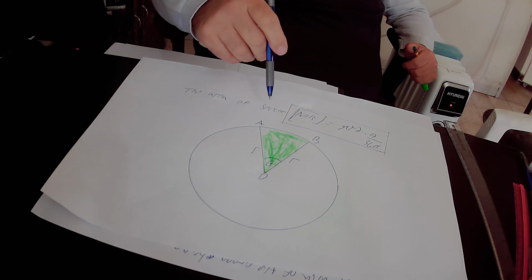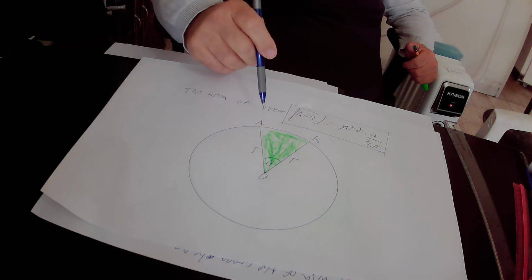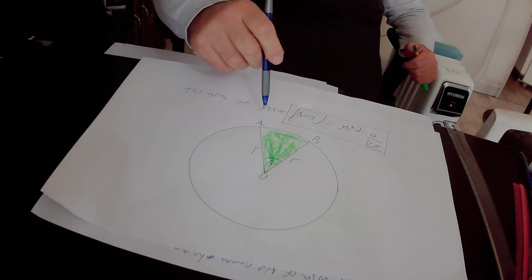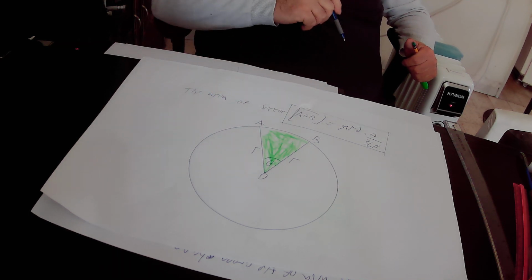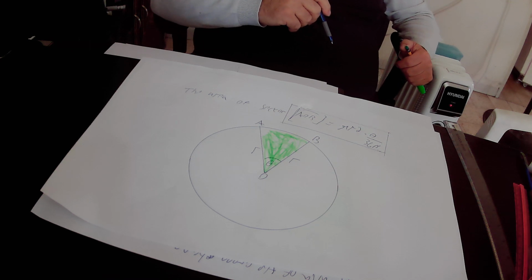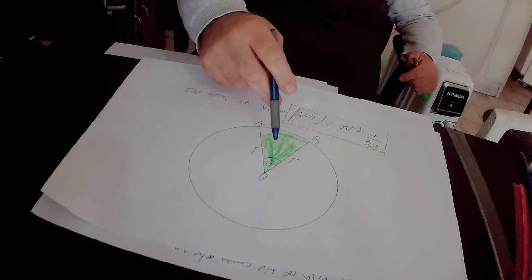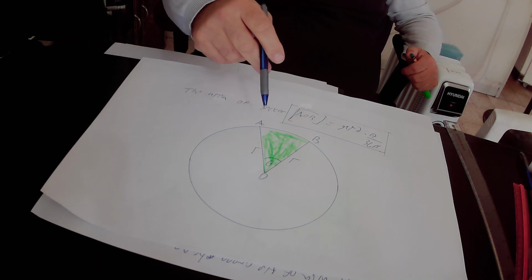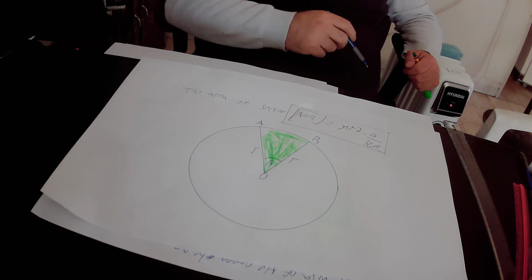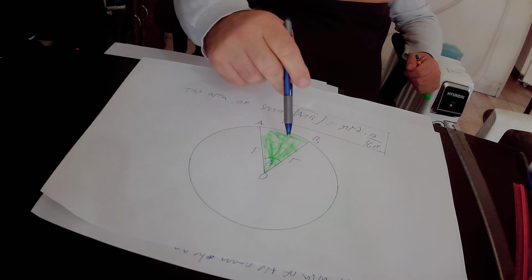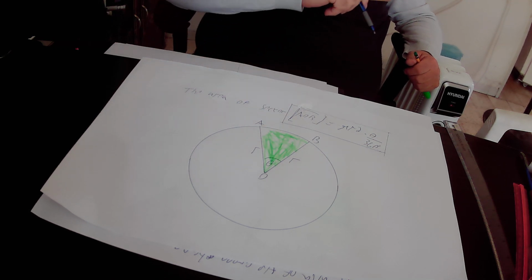And the sector AOB, the green sector AOB, consists of two legs. One leg is AO and the other leg is BO. Those two legs of this sector AOB are both radii of this circle, equal to R. And the angle between the legs of this green sector AOB is this angle theta.